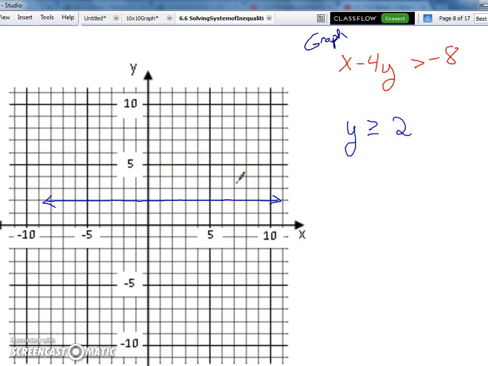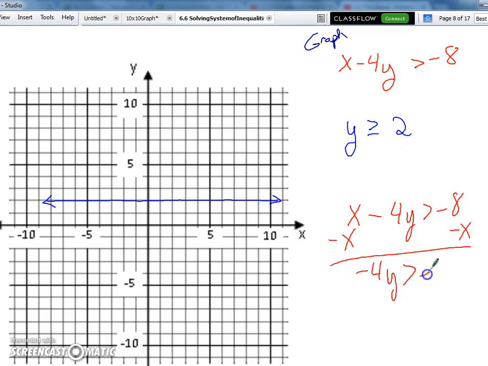I'm not going to shade it yet, but just keep in mind that y is greater than 2, everything above it. Now let's look at the red line. To graph it, most of us usually solve for y equals mx plus b. If you do it this way, you've got to remember something. When you divide an inequality by a negative, it flips the inequality symbol.